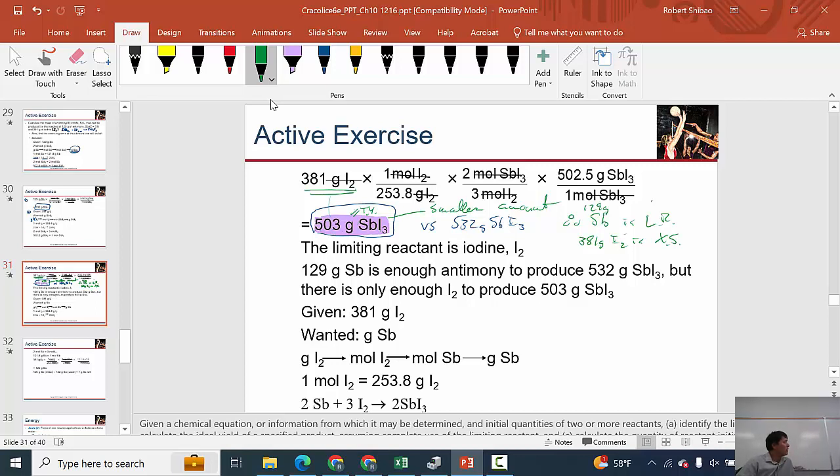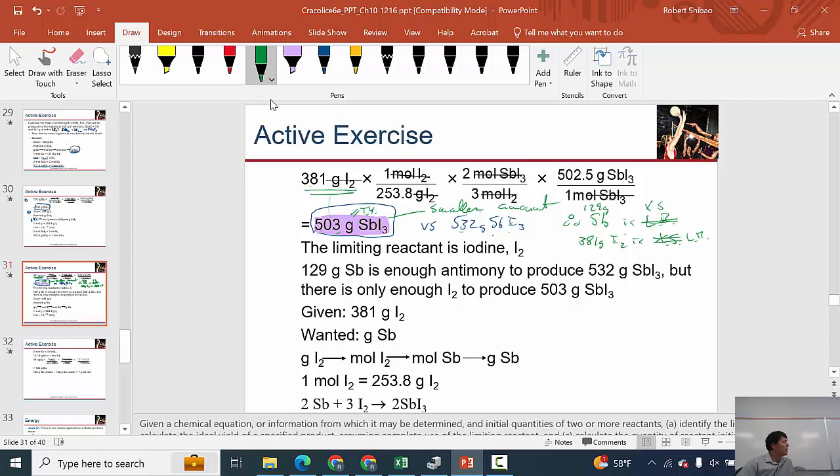The 503 grams is our theoretical yield. That's a smaller amount, but the smaller amount was produced from the 381 grams of iodine. And so the 381 grams of iodine is our limiting reagent because that produced the smaller amount. Versus the 532 grams was produced from the antimony. And so the antimony is our excess reagent here.